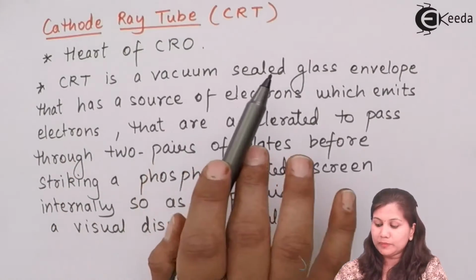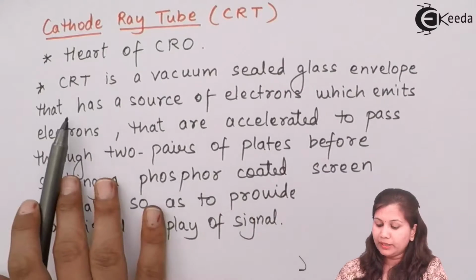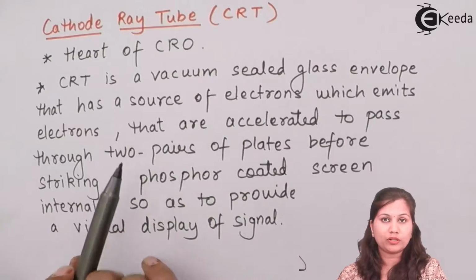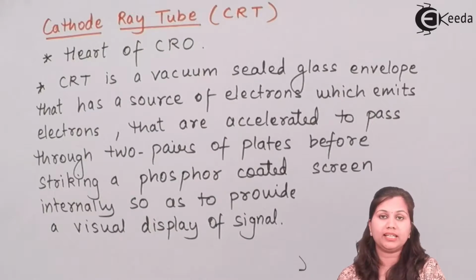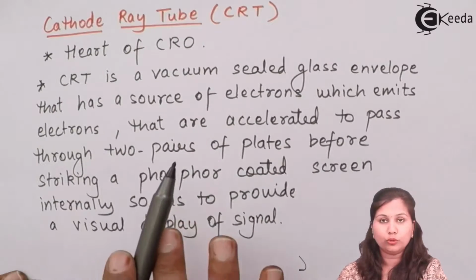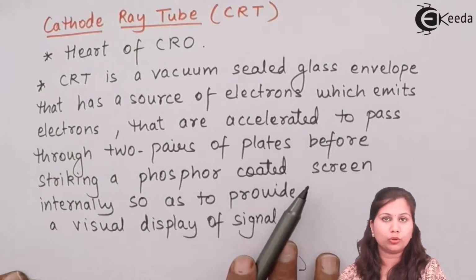CRT is a vacuum sealed glass envelope, and in that glass envelope there is a source of electrons which produces a beam of electrons. These electrons are accelerated at a very high speed, and then pass through two pairs of plates before striking a phosphor coated screen.